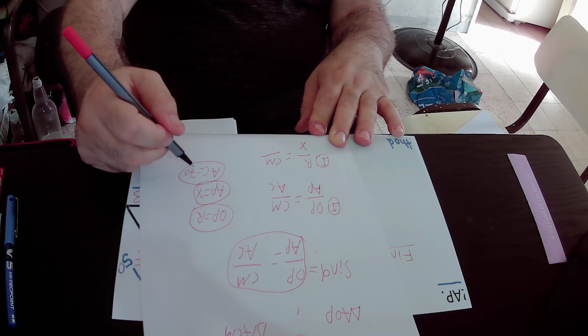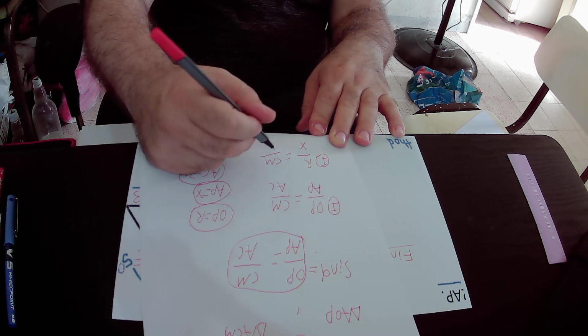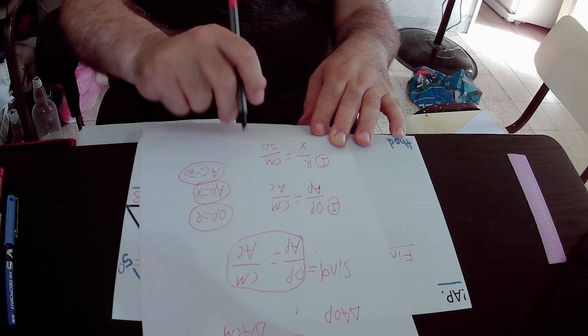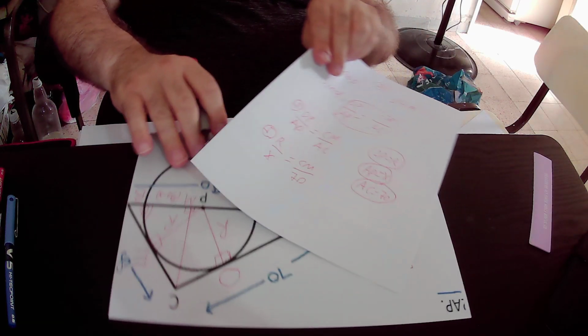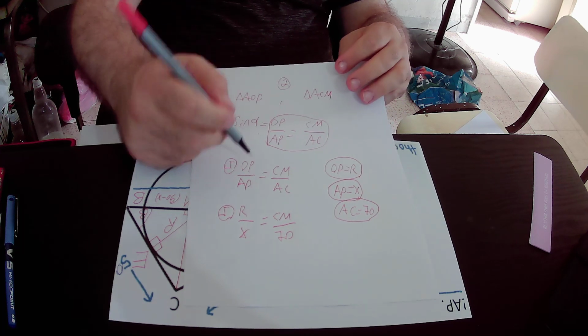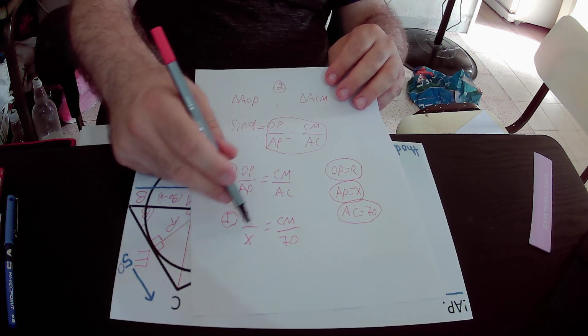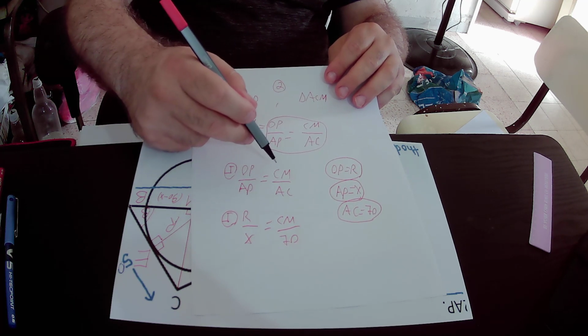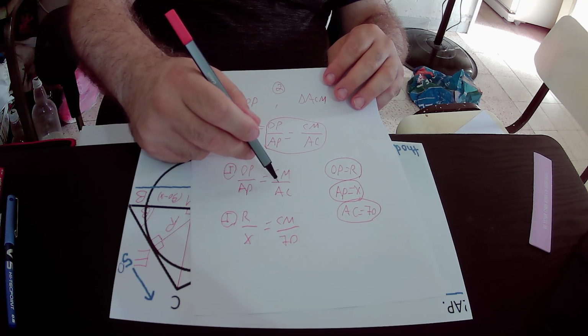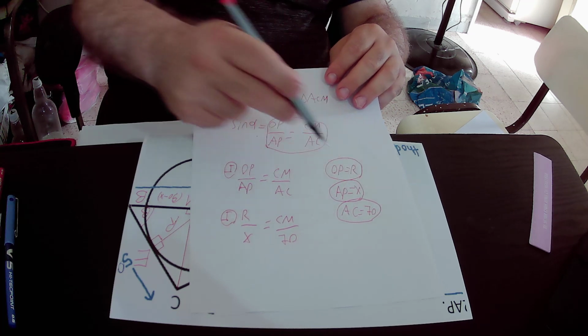AC equals 70, so we can substitute AC by 70. Again, we substituted OP by R, AP by X, and AC by 70.